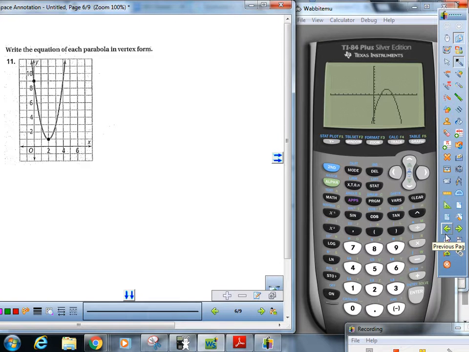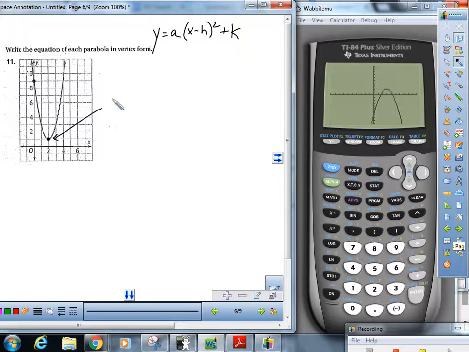Moving on. All right, write the equation of each parabola in vertex form. Okay, remember, what do we need to write it in vertex form? We need to know a, h, and k. Well, we know h and k.